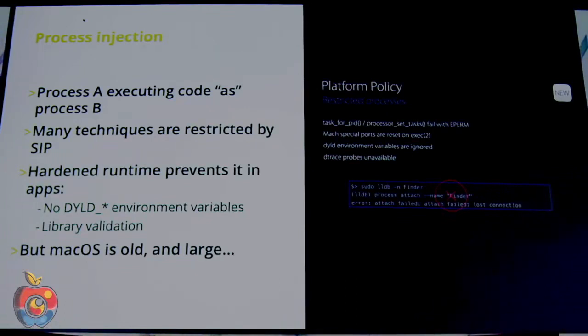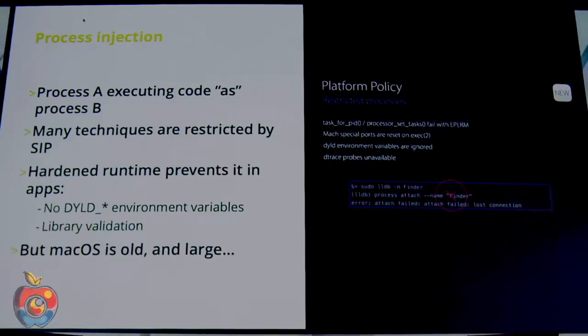There's various ways that you might be able to do that. Now, Apple has blocked a lot of these things already with SIP. So from the original presentation, there was already stuff like blocking task_for_pid and dynamic linker environment variables. And third-party applications can also prevent a lot of those features in their applications if they enable it.